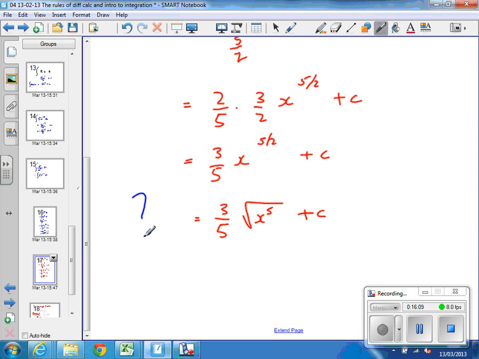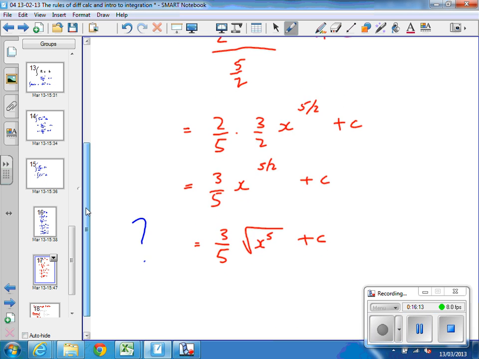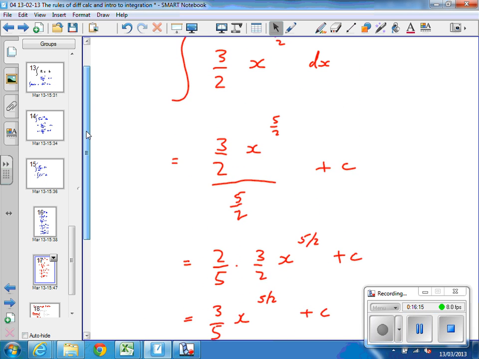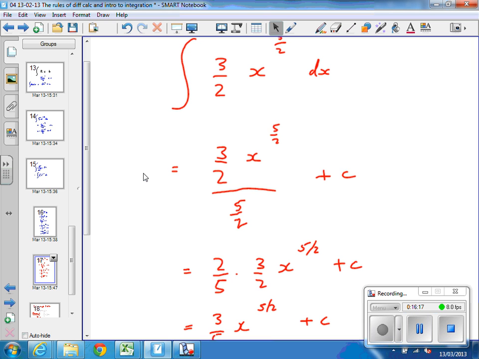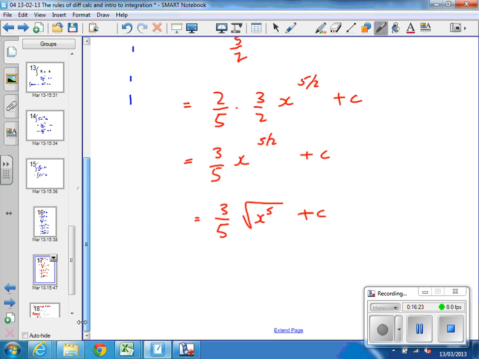So at the moment, this is just the integral. So if you carry on down the page, the integral of 3 over 2 x to the 3 over 2 is this. So finally we could write the integral of 3 over 2 x to the 3 over 2 with respect to x is that. That's the answer, in other words.